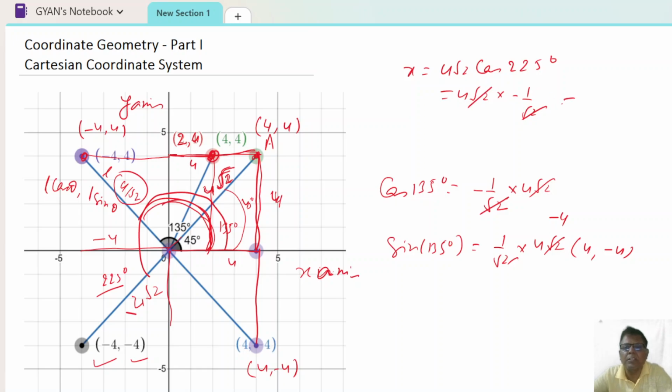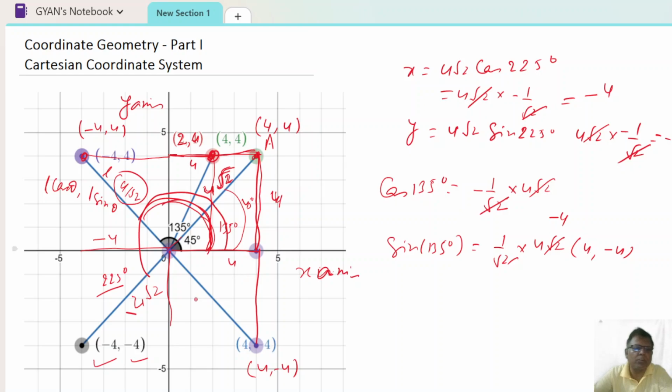Root 2 gets cancelled, so it is equal to minus 4. And y is equal to 4 root 2 sine 225 degrees, that is 4 root 2 multiplied by minus 1 by root 2, equal to minus 4. So this coordinate is minus 4, minus 4.